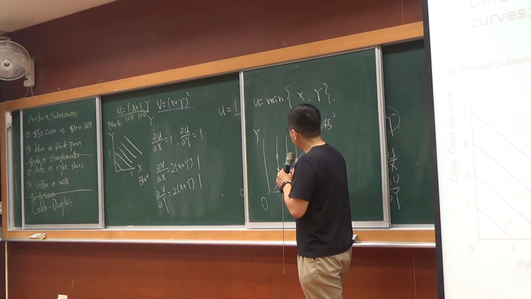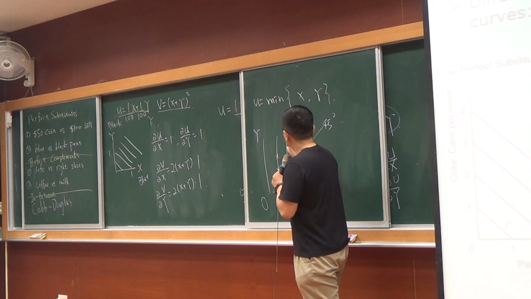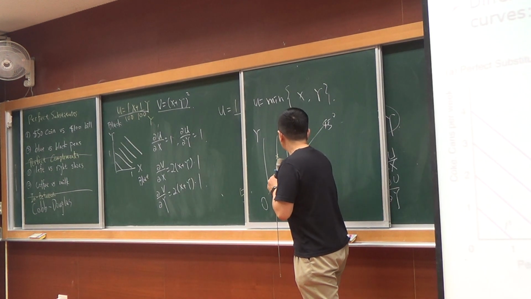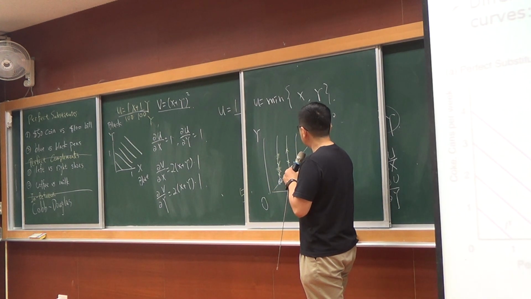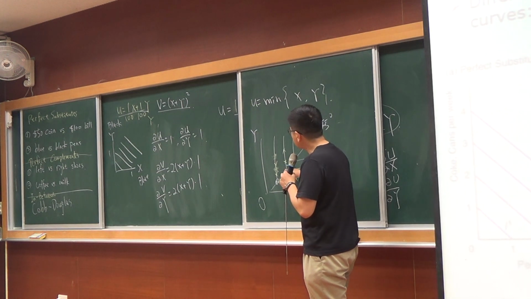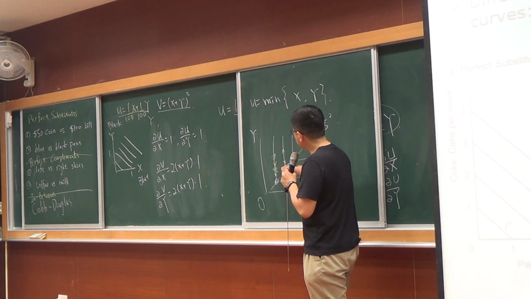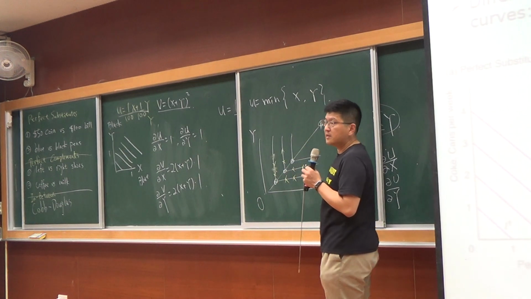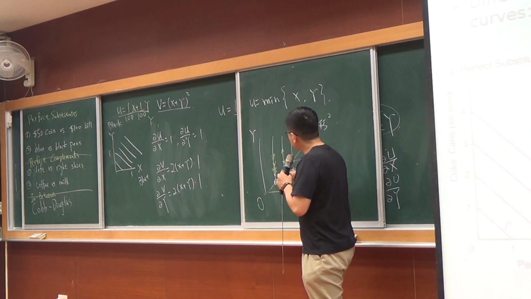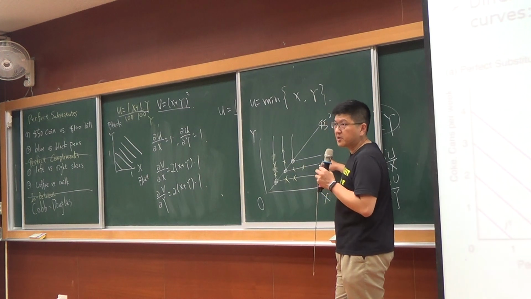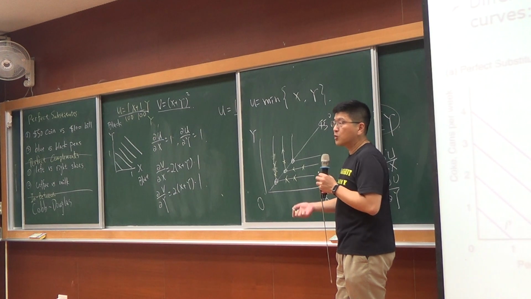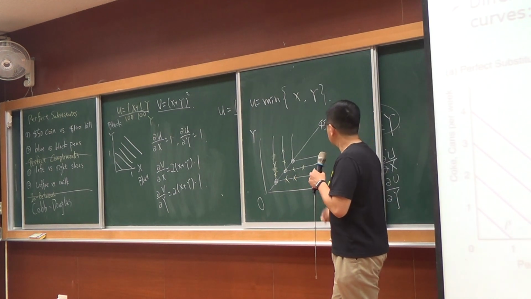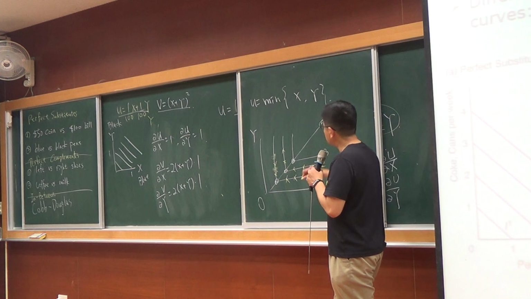And here would be 2 pairs, so it would be 2, 2, 3, 2, 4, 2, or 2, 2, 2, 3, 2, 4. This kind of combination provides us 2 pairs of shoes only, right? So we care about the pairs. So the utility will be 1, 2, 3.